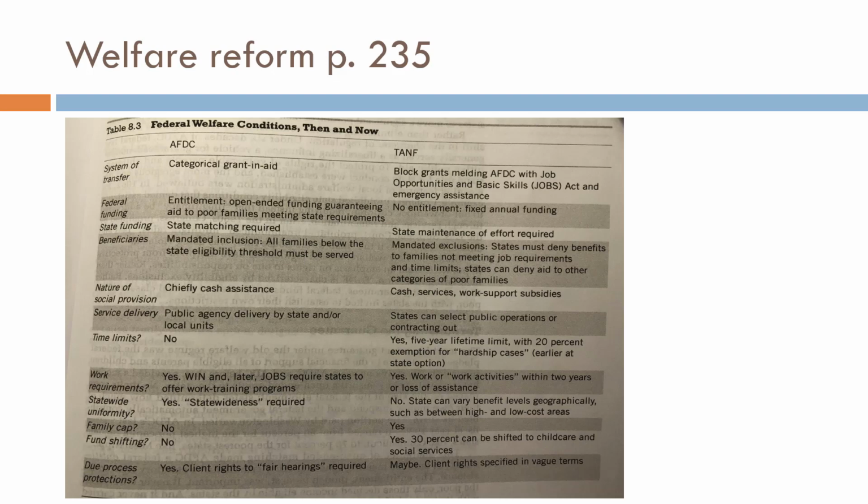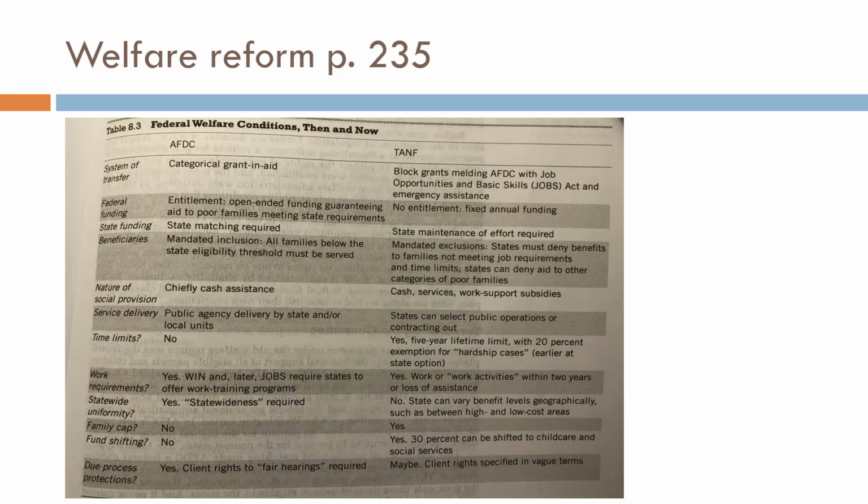The value of each of these different types of benefits is debatable. In terms of service delivery, under AFDC, it was a public agency delivered by state or local units. Now, states can select public operations or they can contract out, meaning privatization.